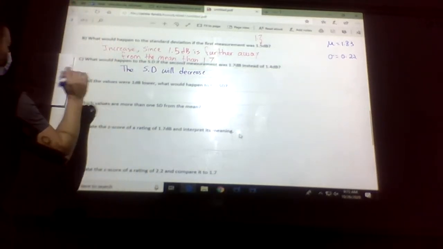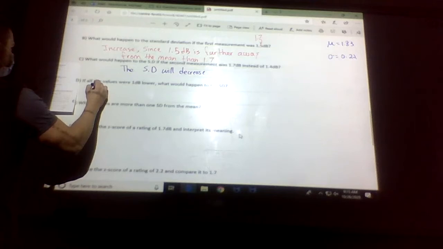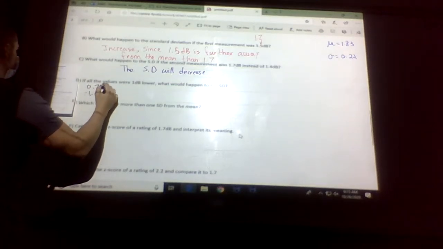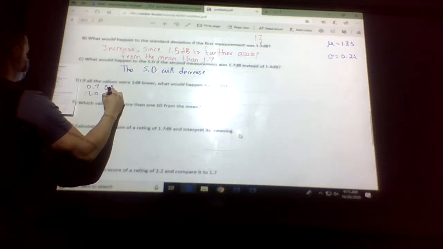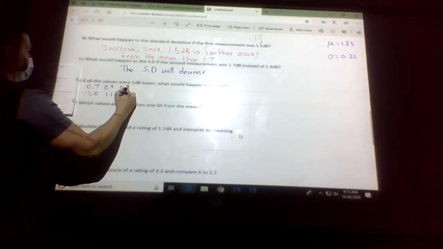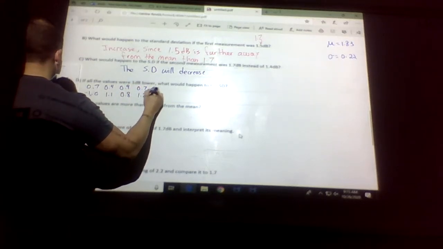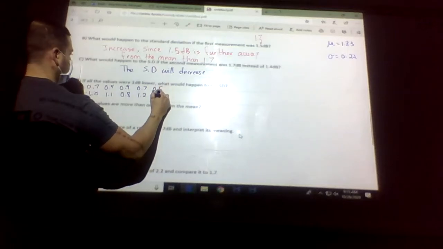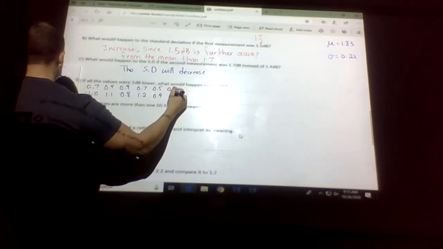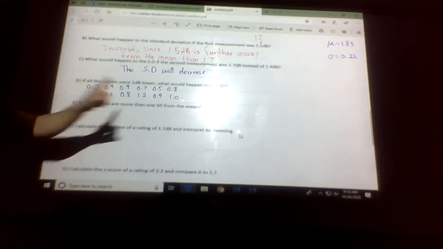You don't have to write this out, but it'd be 0.7, 1.0, 0.4, 1.1, 0.9, 0.8, 0.7, 1.2, 0.5, 0.9, 0.8, and 1. So if I decreased all of them by 1, what would happen to the standard deviation?